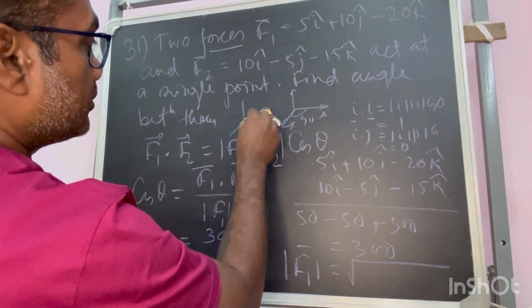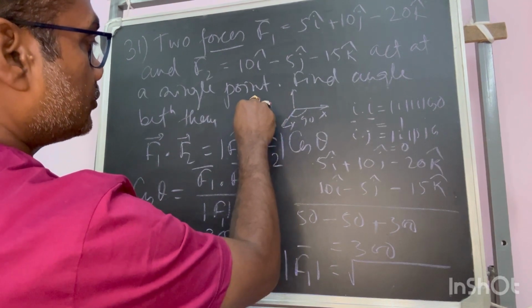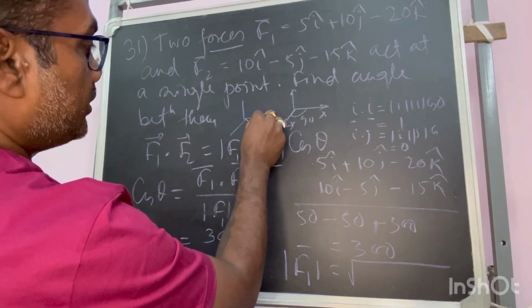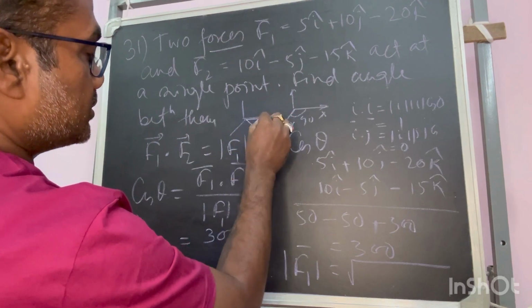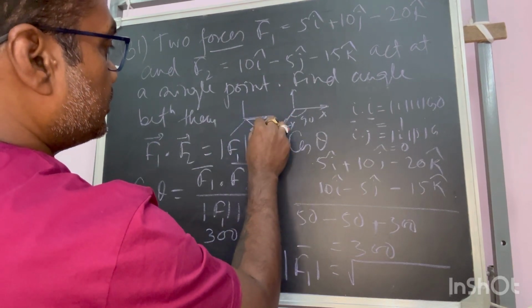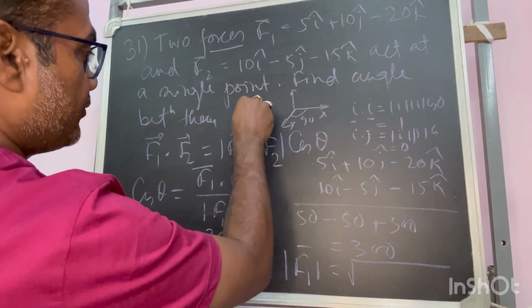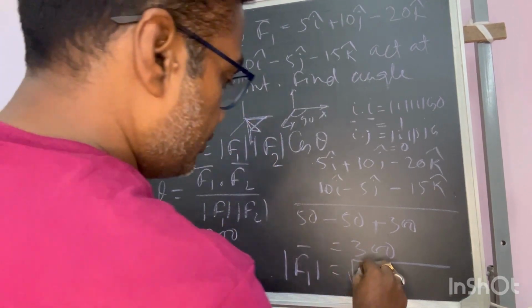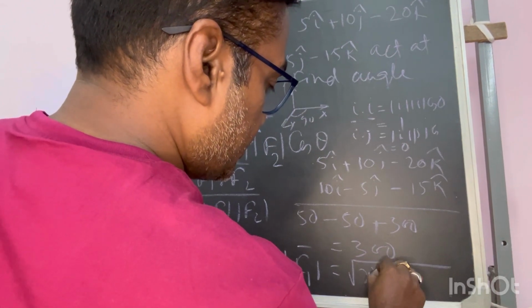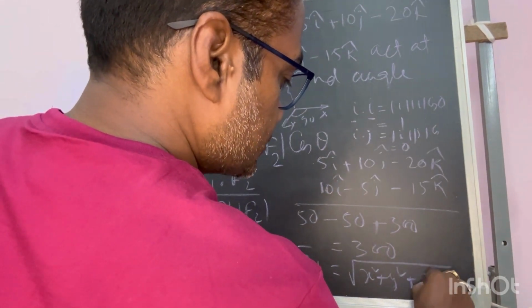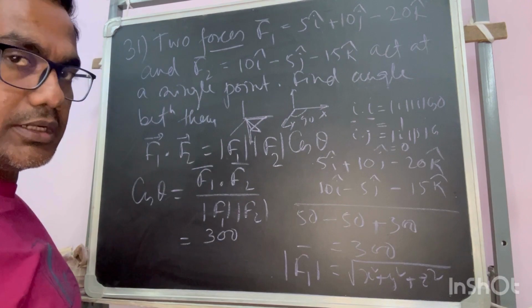Because if I take any point here and join, I will reach x, y and this. So ultimately this will be a point down. So first I have to get this, then after that with this. So this will be given by the root of x square plus y square plus z square. That can be easily understood.